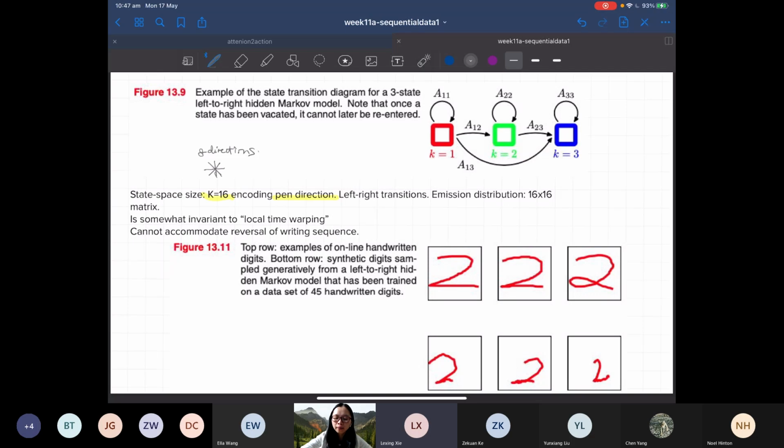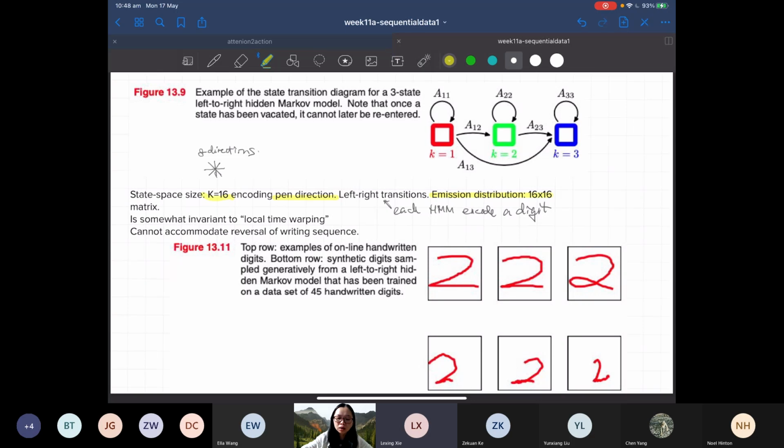And we enforce the left to right transitions because each HMM encodes a digit, right? Now we assume that there is some canonical writing that has 16 states, and then our observation has 16 states. Therefore, the emission distribution is 16 by 16.